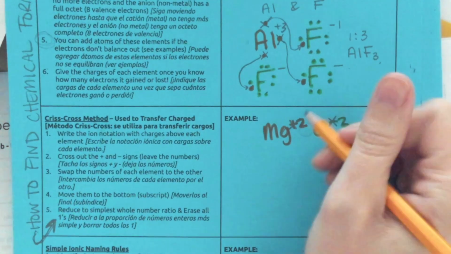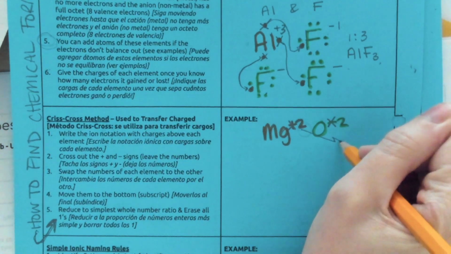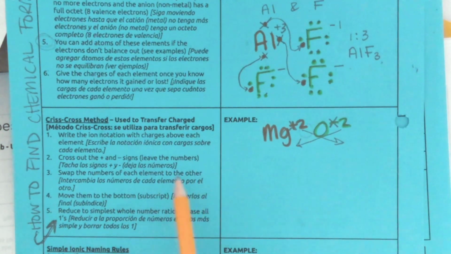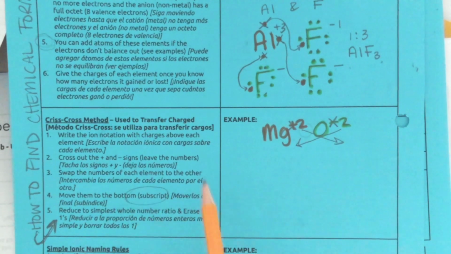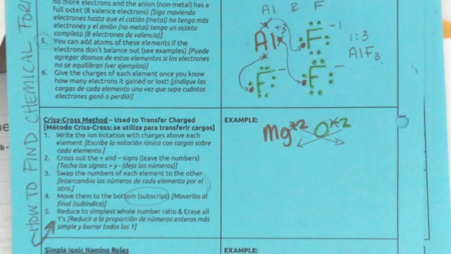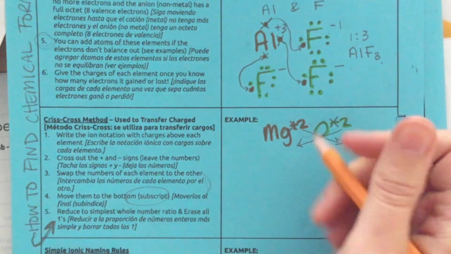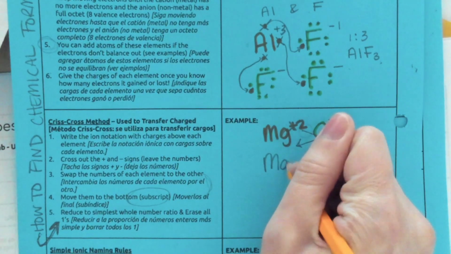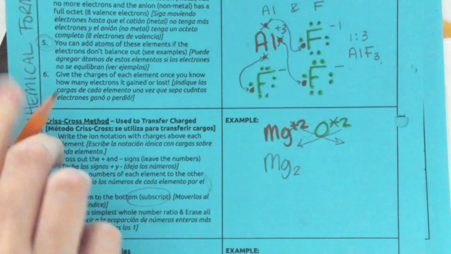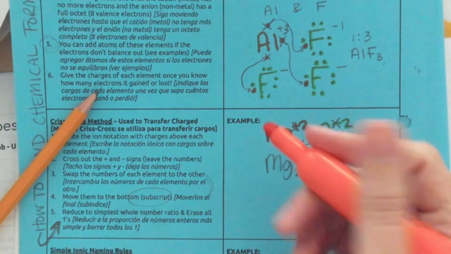Next is step 3. We're going to swap the numbers of each element and rewrite them as subscripts. So I like to combine step 3 and 4 here because I don't like to switch them and then rewrite them. I like to just immediately rewrite them. So we get Mg, and that 2 has moved down to the subscript position. Remember that 2 came from the oxygen.